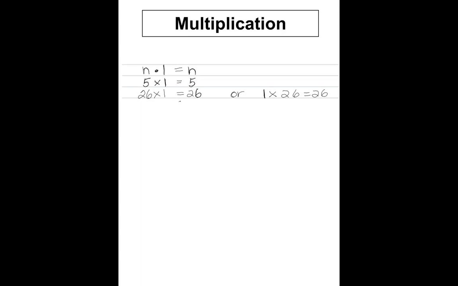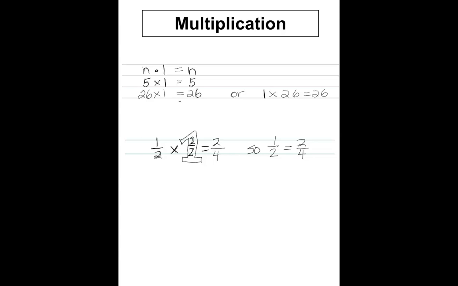An application of this is in 3rd, 4th, and 5th grade when we want to find equivalent fractions. So if I start with 1/2 and I want to find an equivalent fraction, and equivalent means they are equal, I know that if I multiply 1/2 by 1, I will get something that is equal.